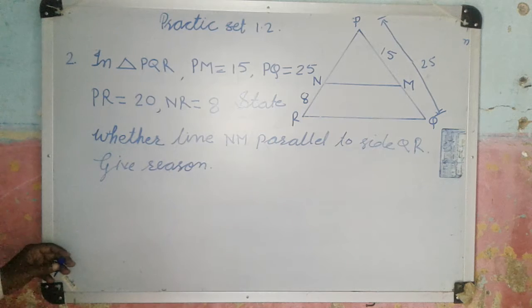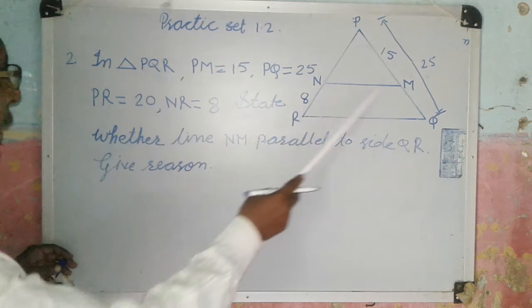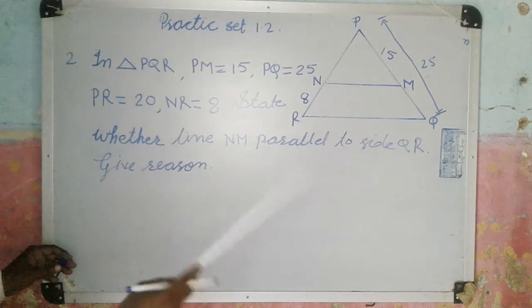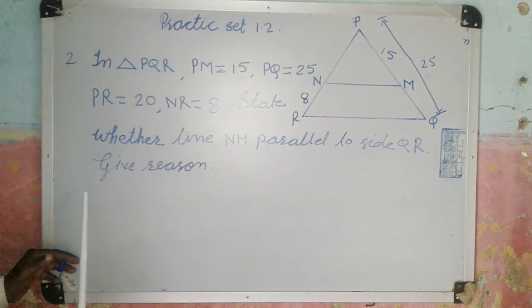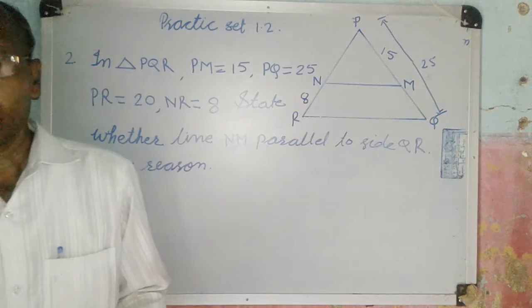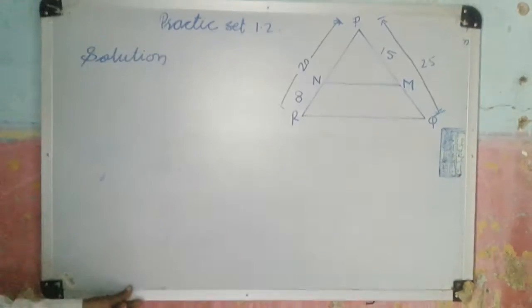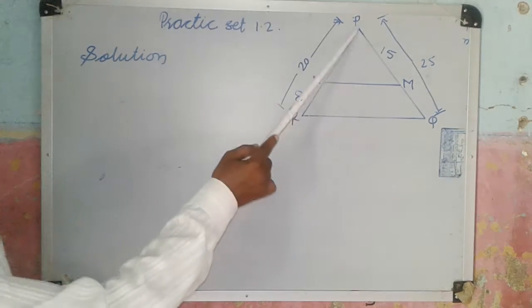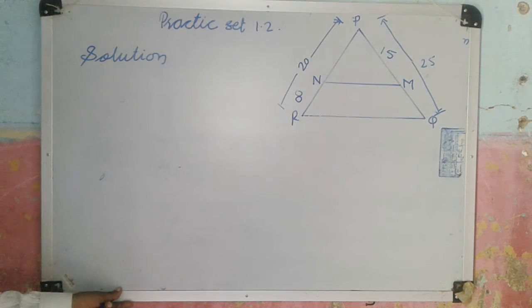Give reason. So I have to state whether this line NM is parallel to RQ or not, and we have to give reason for that. Now see here, length of NR is given, PM is given.